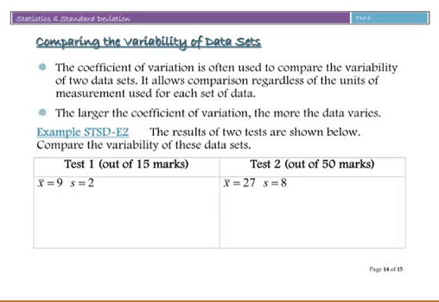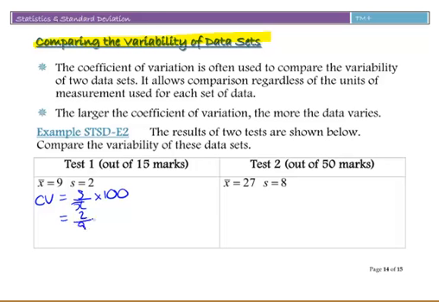One more example, which is comparing the variability of data sets. The coefficient of variation is often used to compare the variability of two data sets. Now it allows comparison regardless of the units of measurements used for each data set. So the larger the coefficient of variation, the more the data varies. So here we have the results of two tests as shown below. Compare the variability of these data sets. So we know that our coefficient of variation is our standard deviation over our mean times by 100.